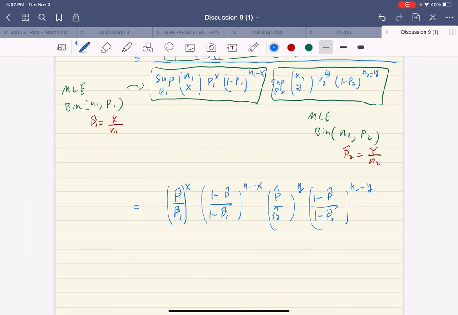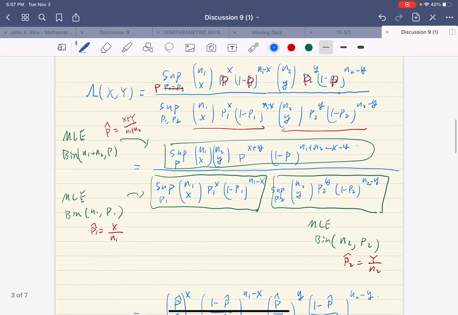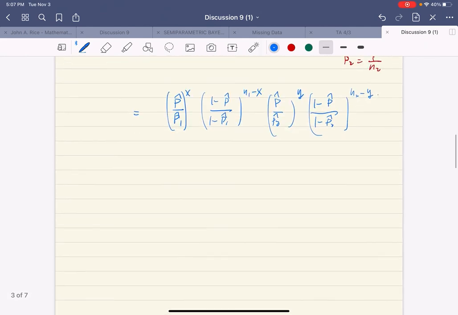So if we have the data x and y, then we will be able to calculate lambda. Then we can calculate negative 2 log lambda of x and y.